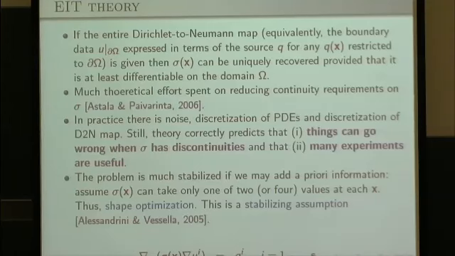If you think of only two values, namely a body and a background, where the background is one value of sigma, and the body is homogeneous as well with another value of sigma, then the question is only where is the boundary between the body and the background, and so that would be shape optimization. The assumption that you have just shape optimization is a strongly stabilizing assumption, and this sort of problem can be solved in a much more reasonable fashion in practice than the general one for discontinuous sigma.